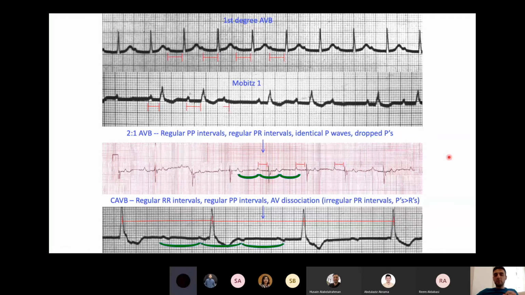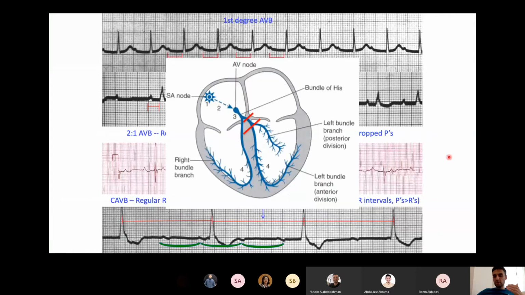Okay. So AV block, if you follow these rules, is easy, but people really confuse them because they are not very organized in how they approach the AV blocks. So it's relatively easy if you know what you're looking at, and if you know how to rule in or rule out each and every one.